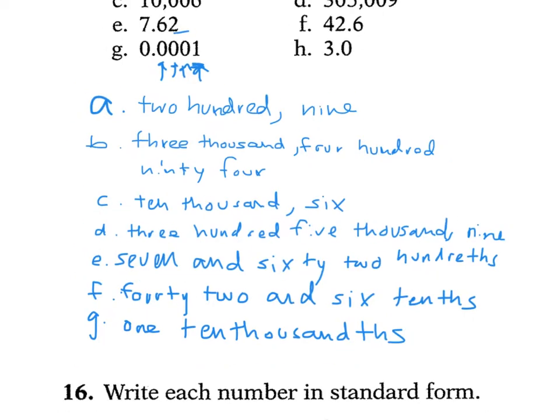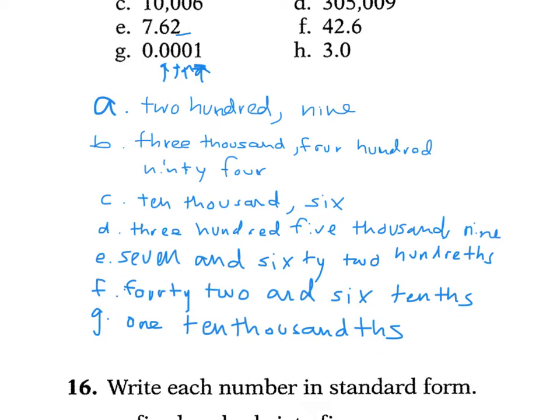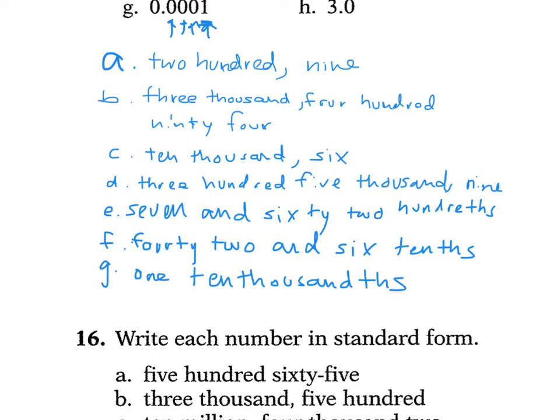And then our last one, we have 3.0, which would just be written as 3 and 0 tenths. We could also just write this as 3.